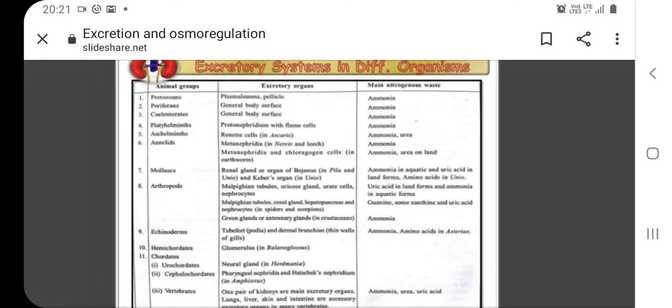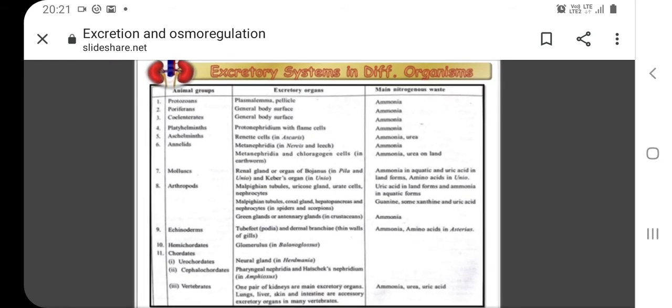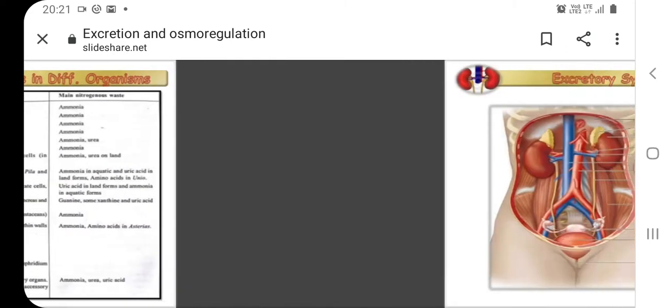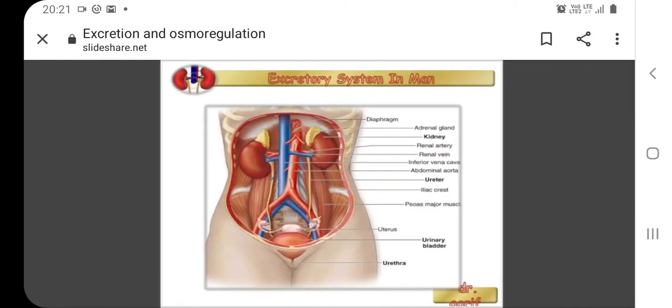Here is a chart which describes the excretory system in various organisms. Excretory system of man. This is a picture which shows the position of the excretory organ, that is the kidney, in the coelom in the human body cavity.